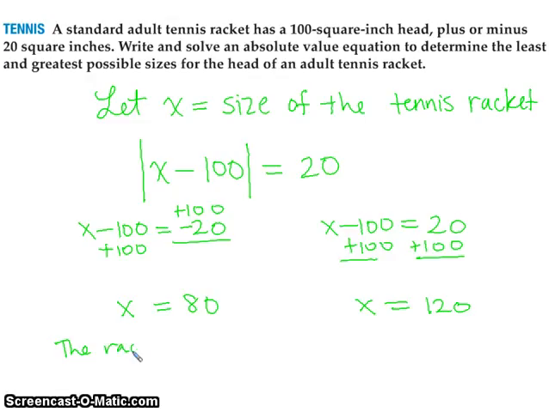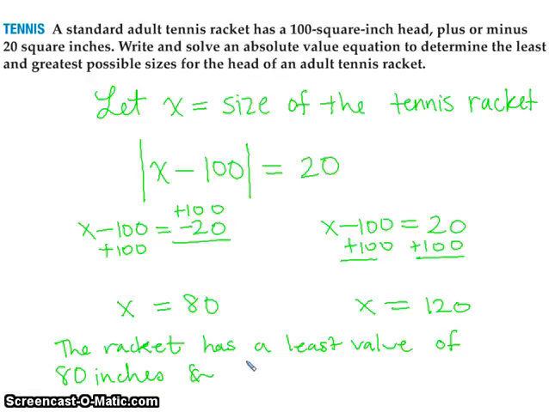So the racket has a least value of 80 inches and a greatest value of 120 inches.